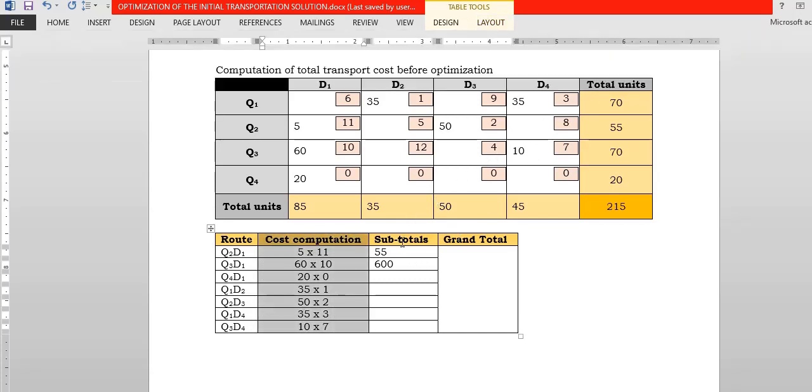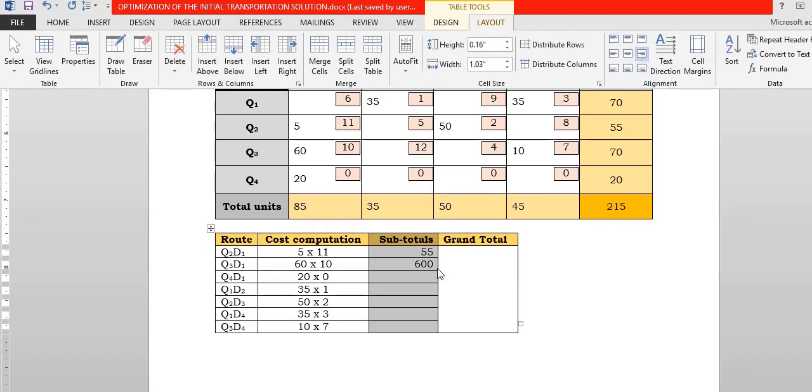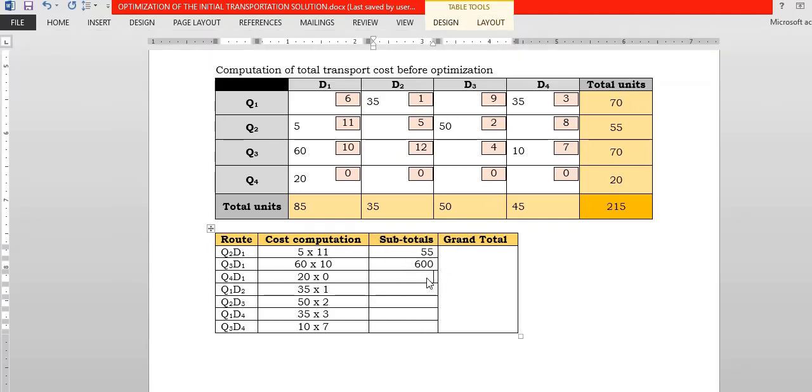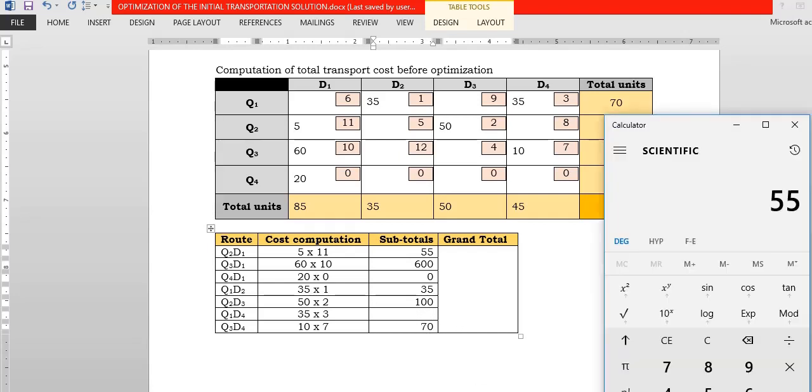But the subtotal must be to the right, sorry. So this is 0, this is 35, this is 100, this one is 70, and 35 times 3, just use the calculator, equals 105.